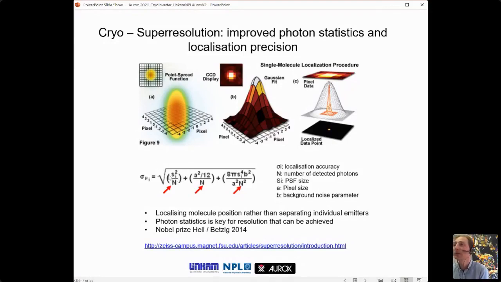Yeah, in the single molecule techniques, you're localizing individual fluorophores, and the localization precision is influenced by the number N of photons you have available for this process. As you expect, if you go to cryo and have in some cases 100 times more photons, you can in principle improve your localization precision by a factor of 10.